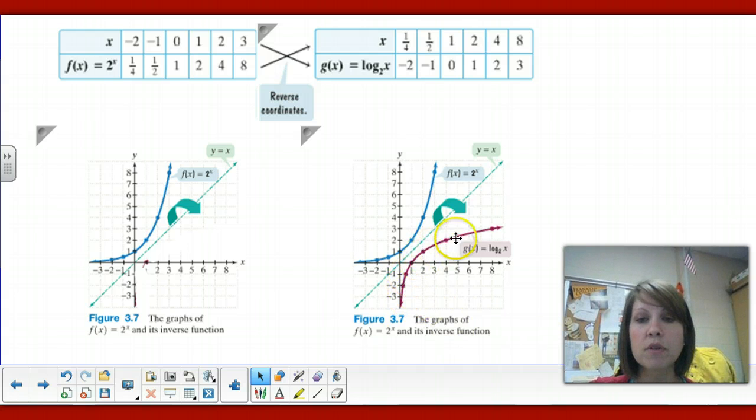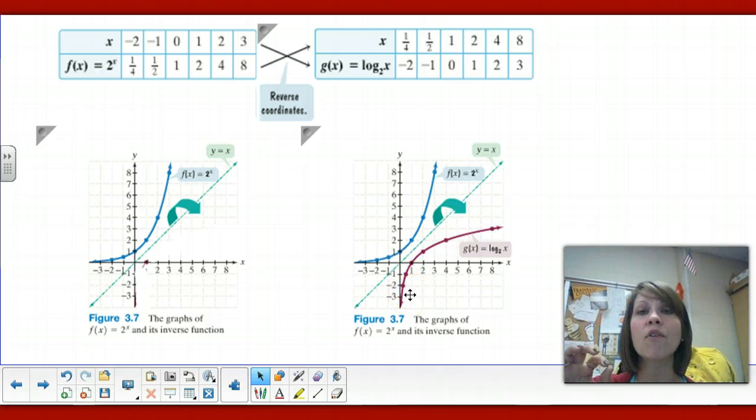I want you to notice a couple things, and the next slide will have us looking at that too. F of x has a horizontal asymptote. Its range is 0 to infinity. On the other hand, when we invert that, when we switch the x and the y, g of x, the logarithmic, does not have a horizontal asymptote.